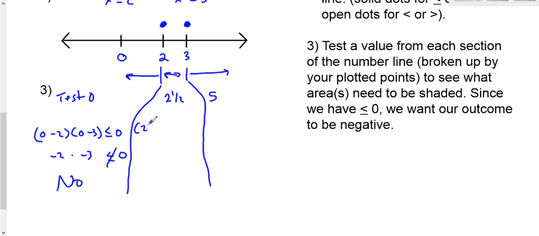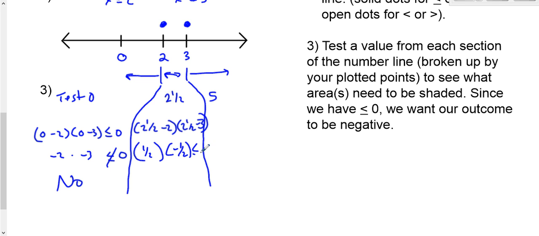And I'm going to break this into 3 sections of work, based on my test points. So let's say 2.5 minus 2 and 2.5 minus 3. 2.5 minus 2 is only positive 1/2. 2.5 minus 3 is negative 1/2.